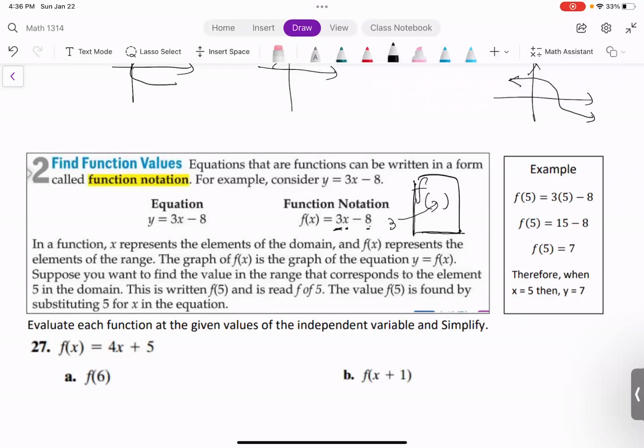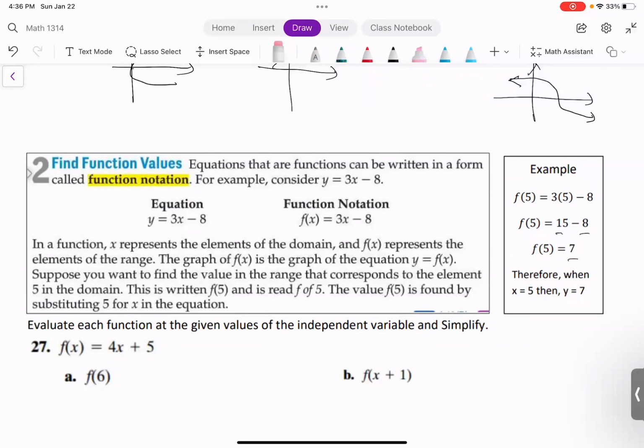So that's how we express a function this way. For example, if the input becomes 5, we replace all the x by 5. So 3 times 5 minus 8. That's 15 minus 8. That is 7.